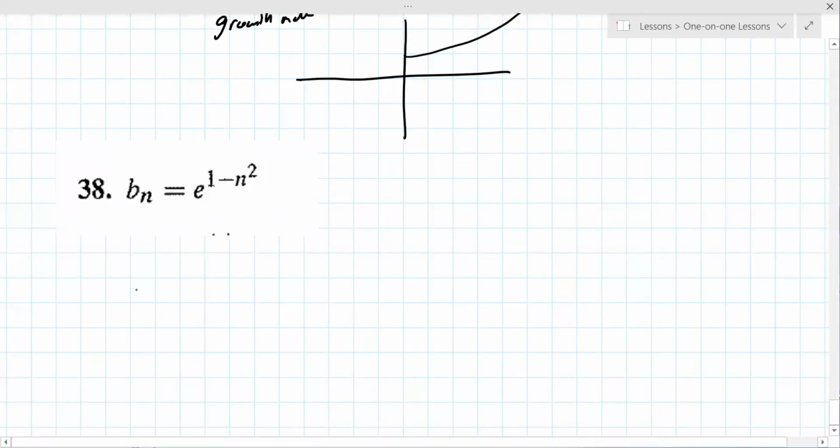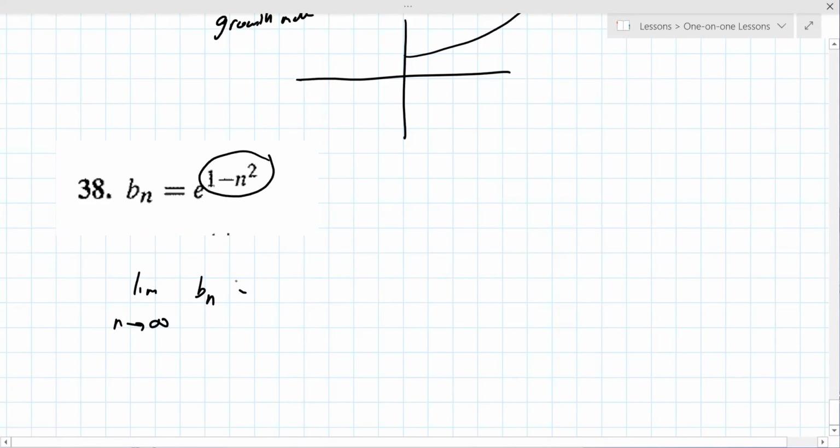All right, so here the limit as n goes to infinity of b sub n is really a composition of things. You can really just find the limit of this part and then you take e to it.